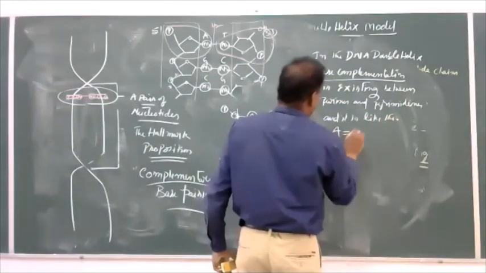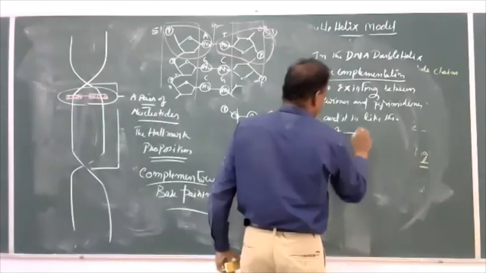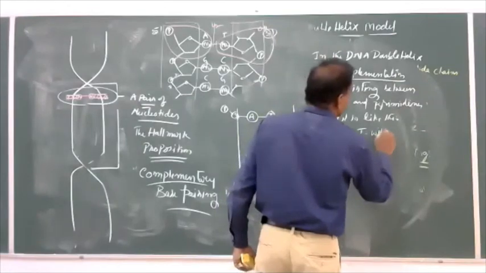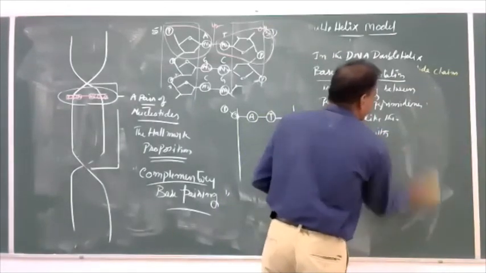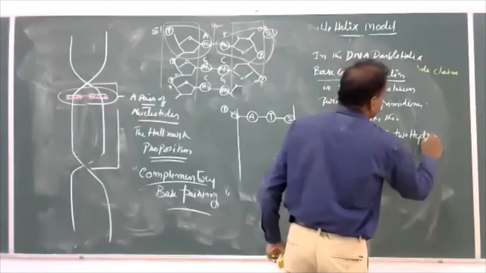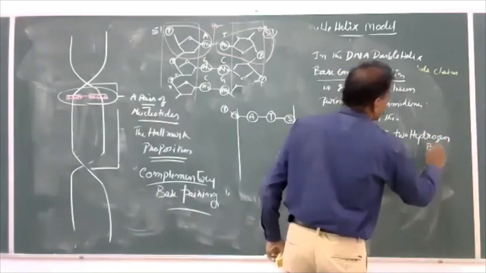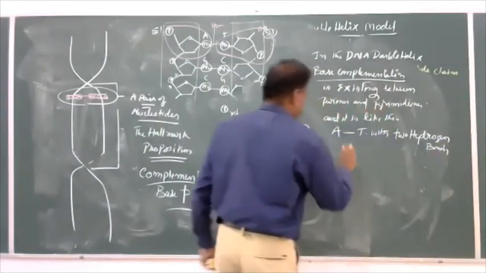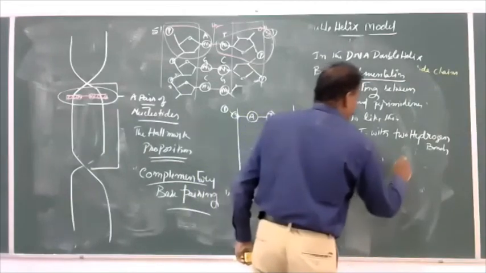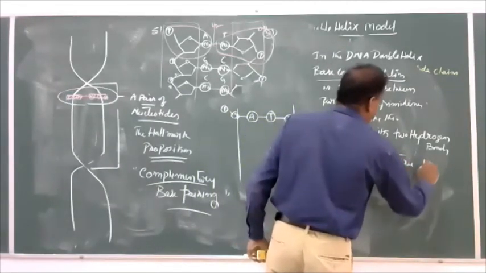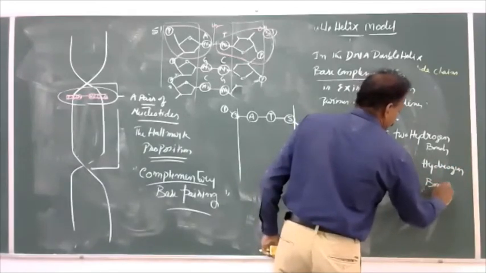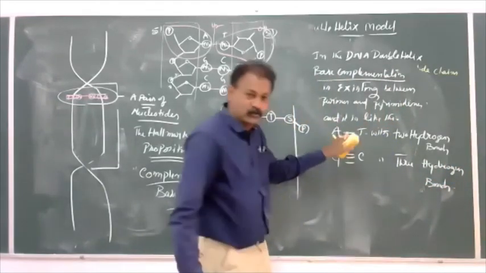A always bonds with thymine with 2 hydrogen bonds. G always bonds with cytosine with 3 hydrogen bonds. We will see why it is 2 and why it is 3.